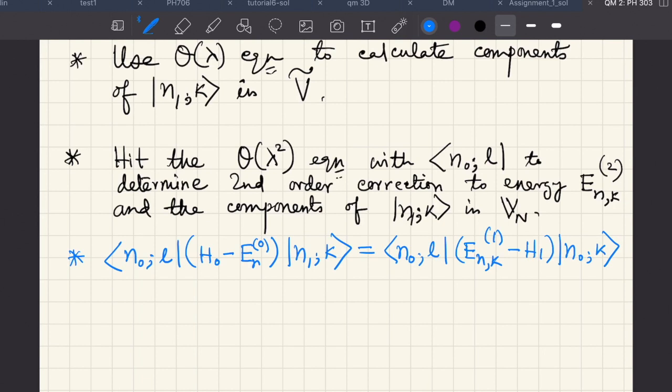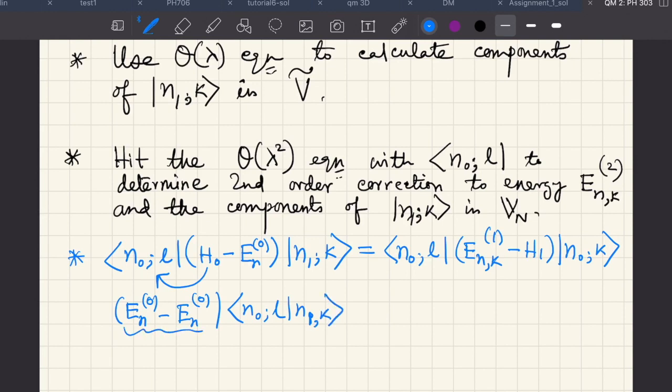And you immediately know that using equation 8, H naught acting on n naught L is going to give you E n naught. So we will have E n naught minus E n naught multiplying n naught L and n1K.